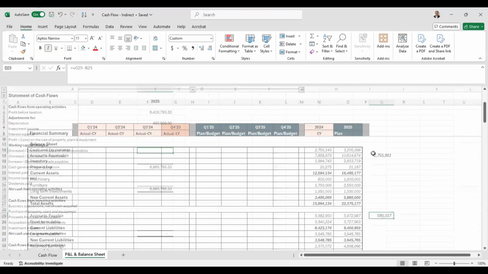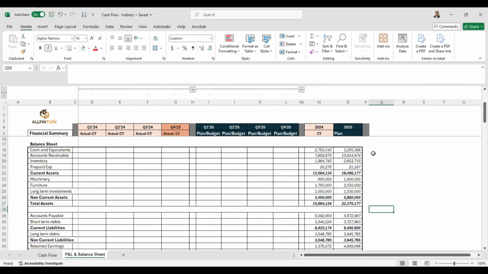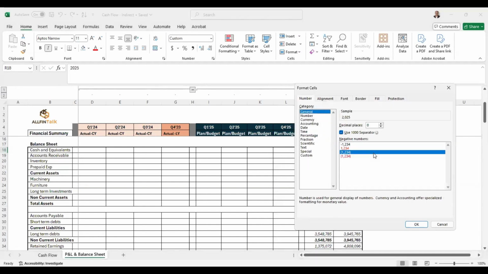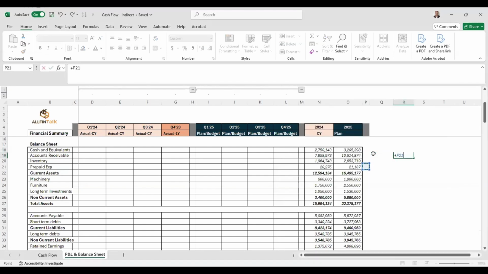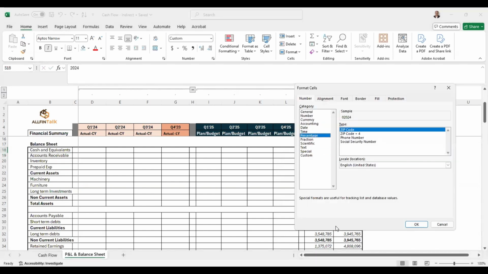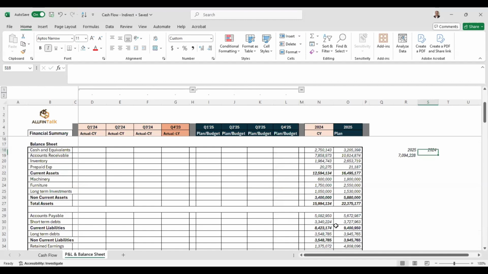Alternatively, what I do is I just calculate a total of working capital. So my working capital for 2025 is current assets of 2025 minus current liabilities of 2025, and working capital of 2024, going by the same formula.